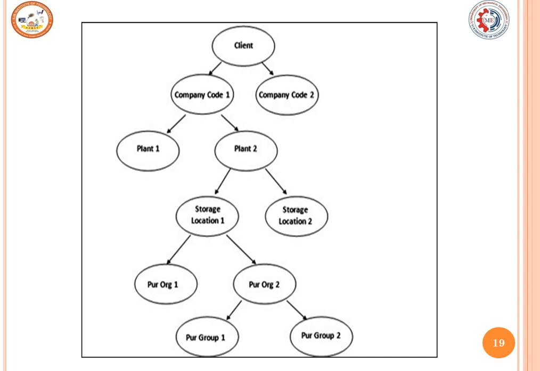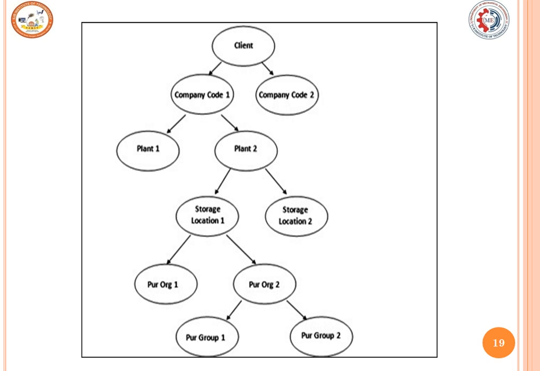This structure indicates first who the clients are, how many companies there are, and for how many companies you are supposed to go with production, company 1, company 2, defined in the code. Company 1's code is assigned to which plant, whether plant 1 or plant 2, and what is to be produced under plant 1 and plant 2 is defined.